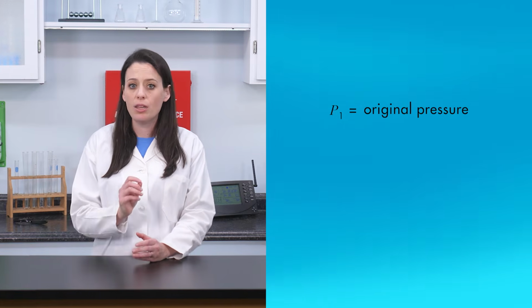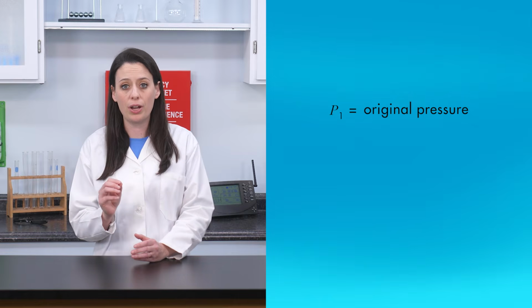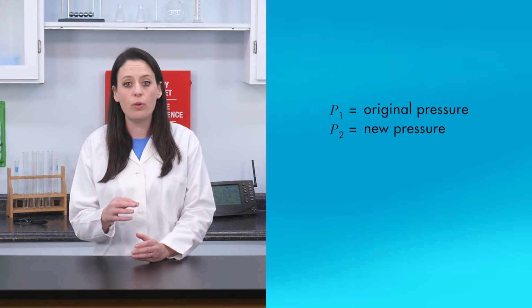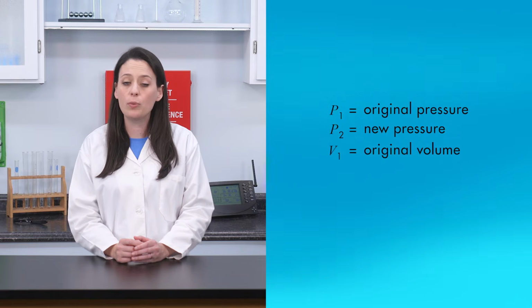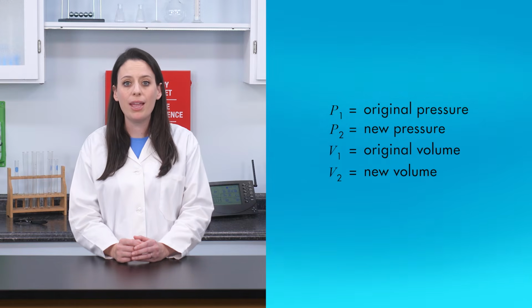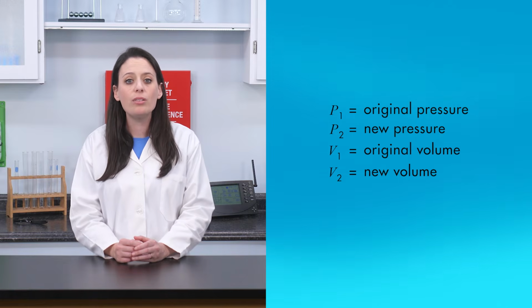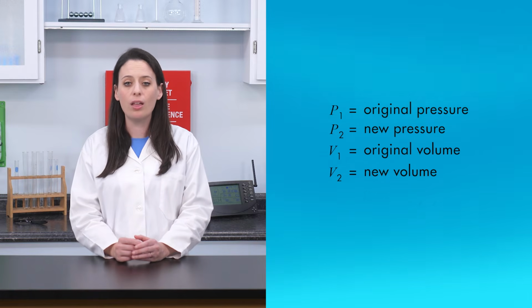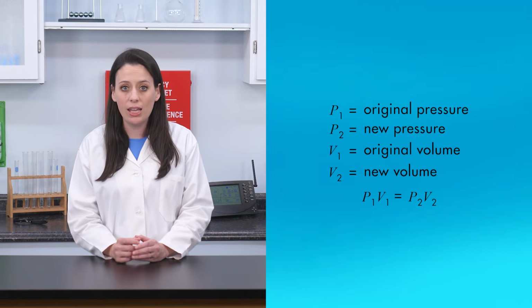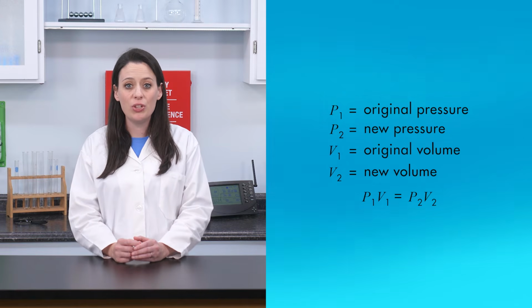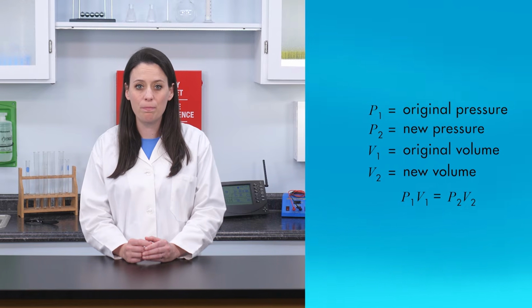If we use P1 for the original pressure, P2 for the new pressure, V1 for the original volume, and V2 for the new volume, Boyle's law can be expressed as P1 times V1 is equal to P2 times V2.